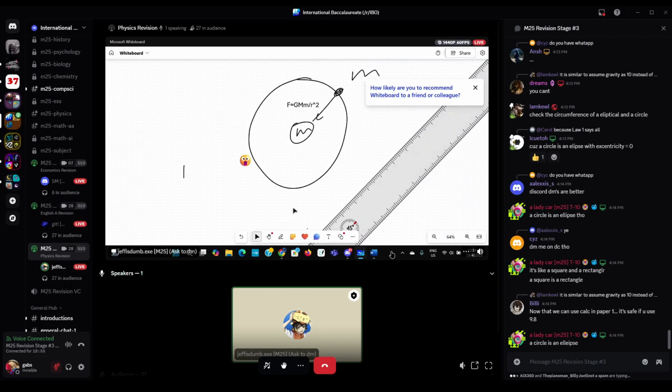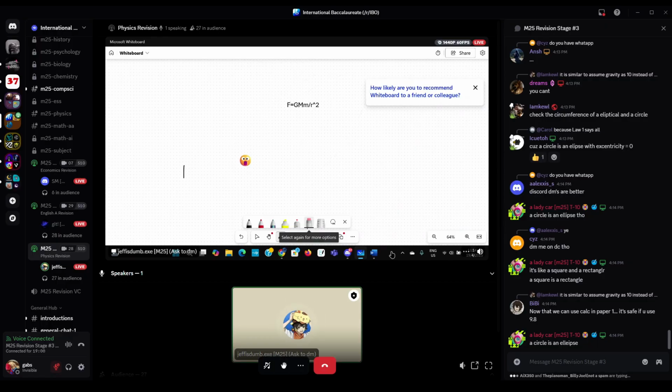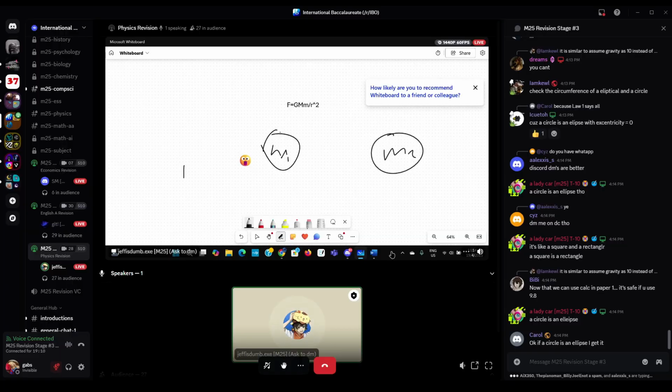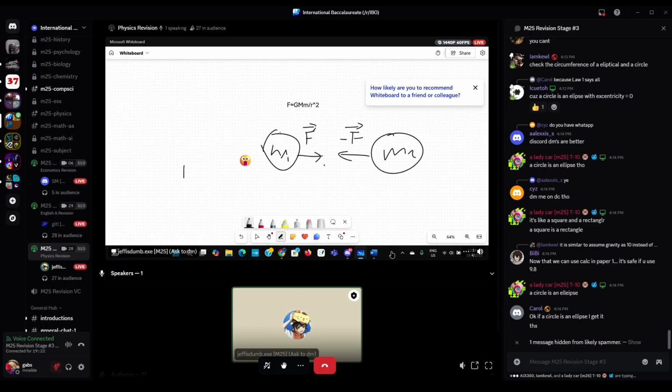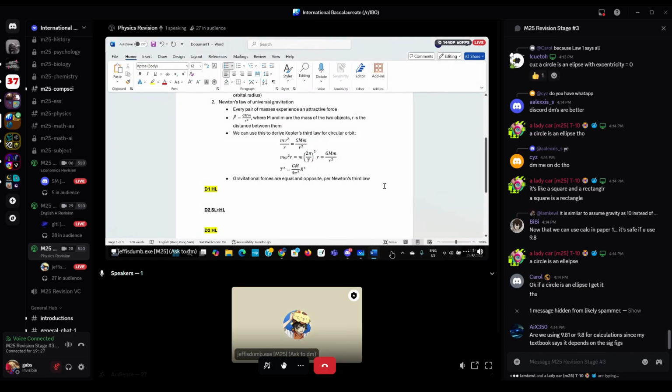So let's say if we have two arbitrary masses, then as mass 1 attracts mass 2, mass 2 also attracts mass 1, and the forces should be equal and opposite. So just remember that when you're doing questions. So that's Newton's law of gravitation.